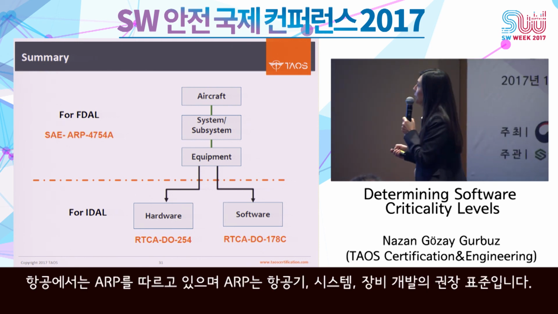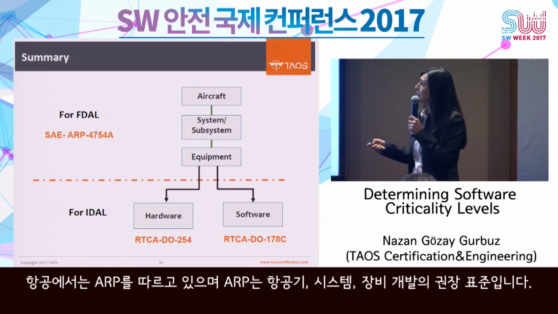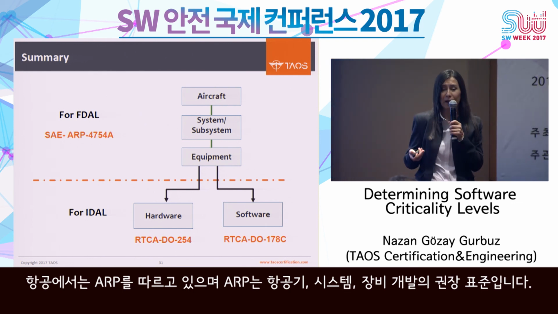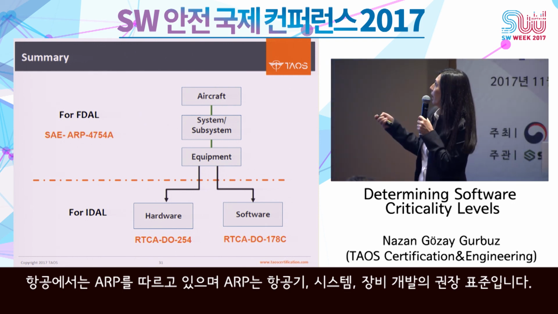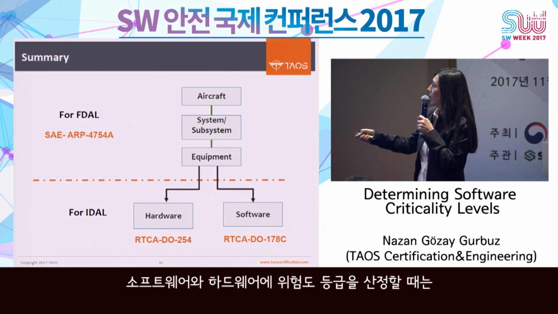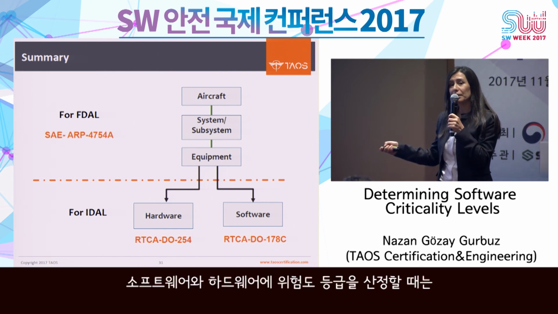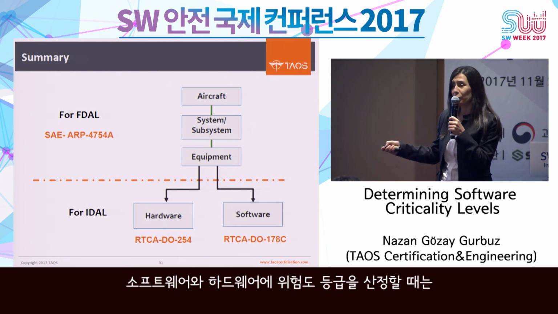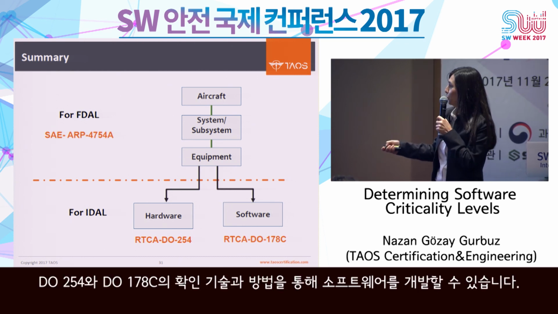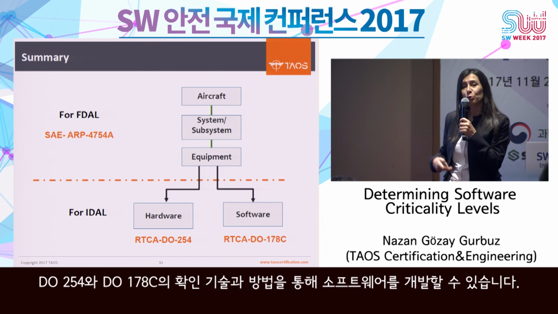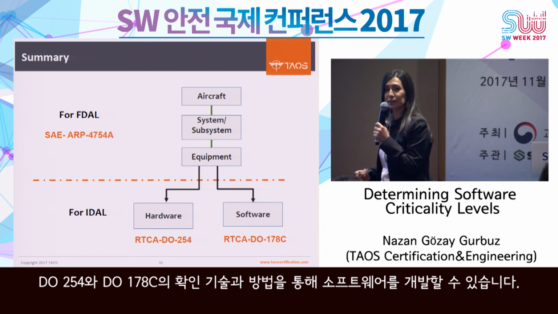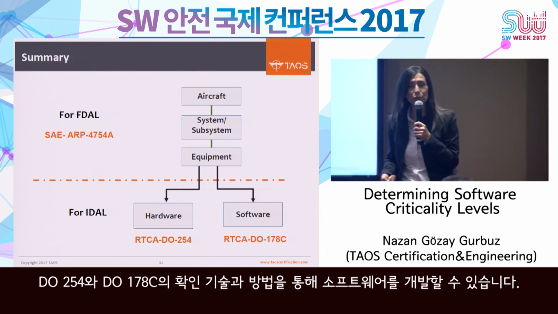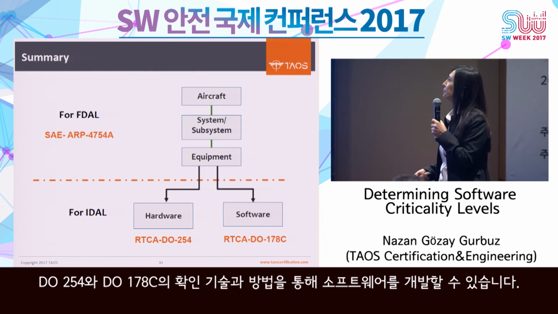So in aviation, we use ARPs. It's a recommended practice to develop aircraft systems and equipment. And when we assign criticality levels to software and hardware, DO-254 and DO-178C provide process assurance techniques and methods to develop software.